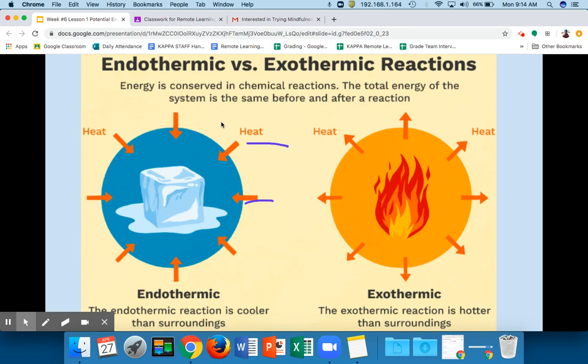Now, this actually is not a chemical reaction because remember, water solid going to water liquid is a phase change, which is not a chemical reaction, but this does show a change in energy. That's why this example is used. So, heat going in and warming up the ice is endothermic.